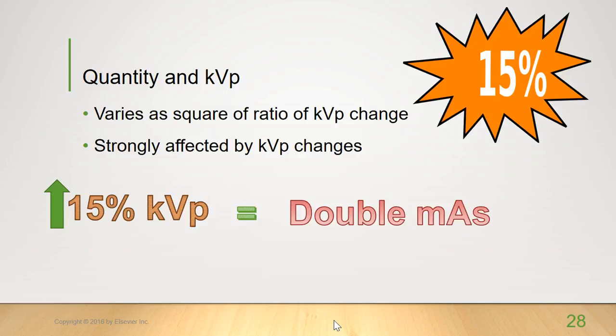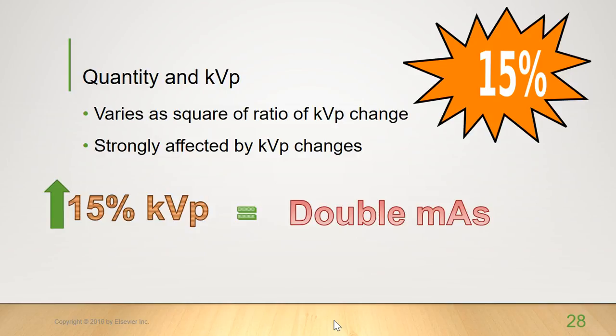So if you change your mAs, you have to use twice, so that's 100% more. You're using twice the amount to double the exposure, but only 15% of your kVp does the same thing.